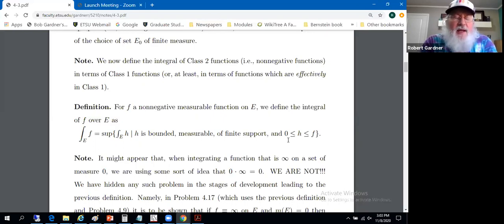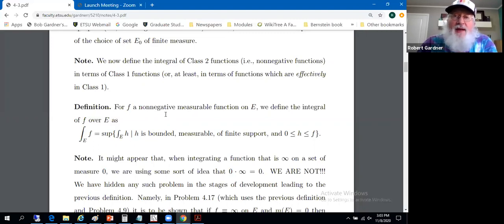But this looks a lot like how we defined lower Riemann integrals in the previous section. Here we're defining the integral straight up with no upper or lower stuff. One reason for that is f is a non-negative function.